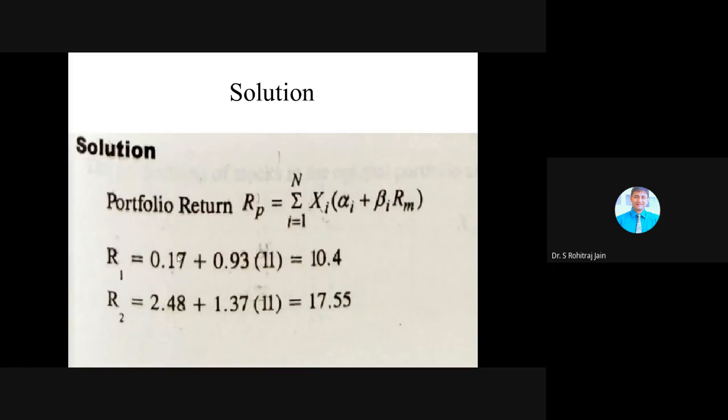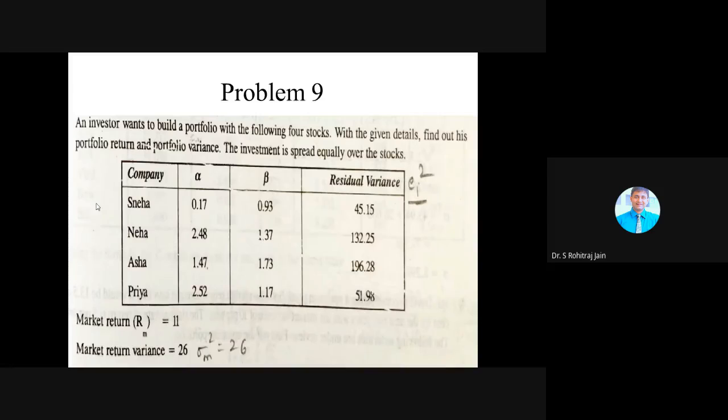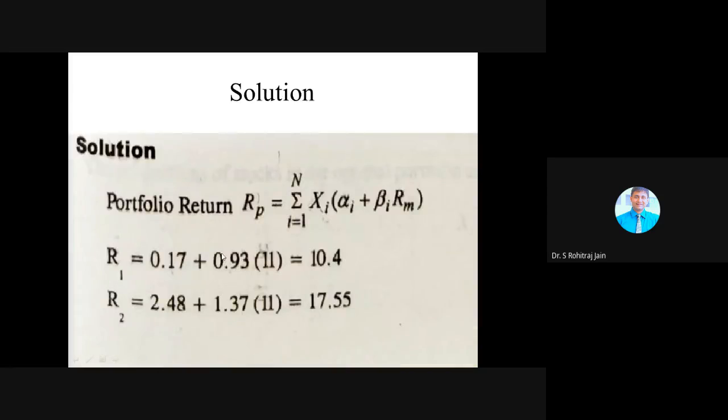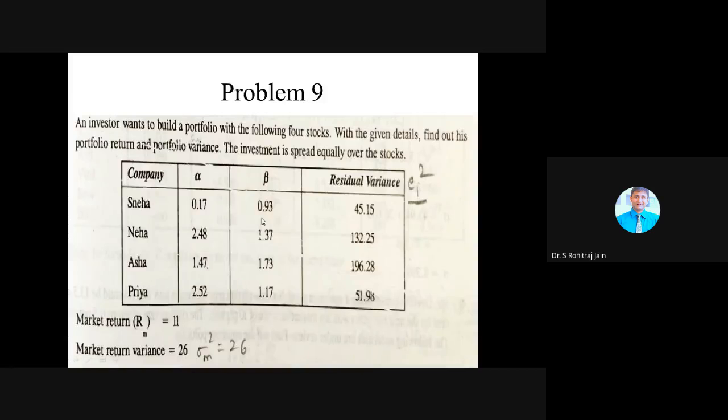Okay, so 0.17, see the value I'm writing here: alpha 0.17 plus beta 0.93. Please see my cursor here. Alpha plus beta into RM, that is the market return, 11. I'm repeating.